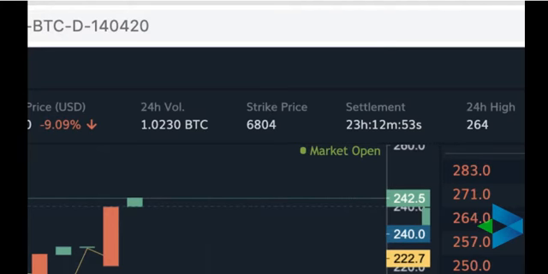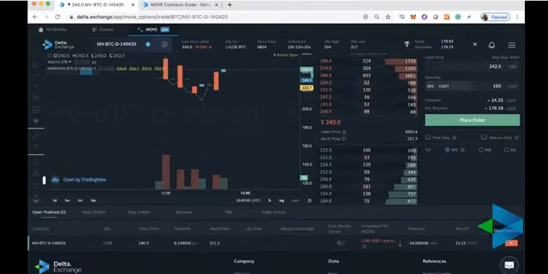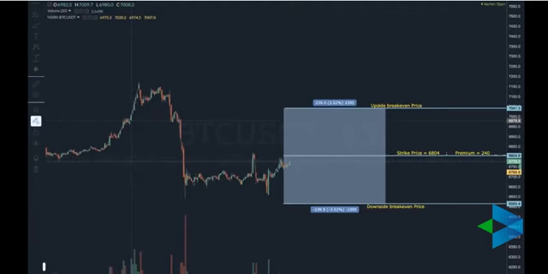So let's say we buy the current contract at a price of $240 with a strike price of 6,800. If we're to be long this position here, so basically what we're saying is that the price of Bitcoin will move by more than the premium from the strike price. So in this case, to either 6,550 or 7,050. If this happens, then we make a profit as a long.